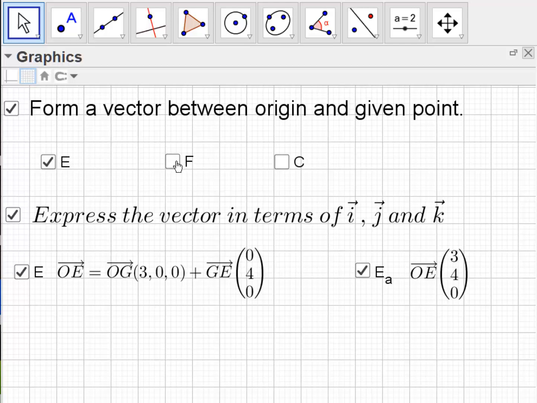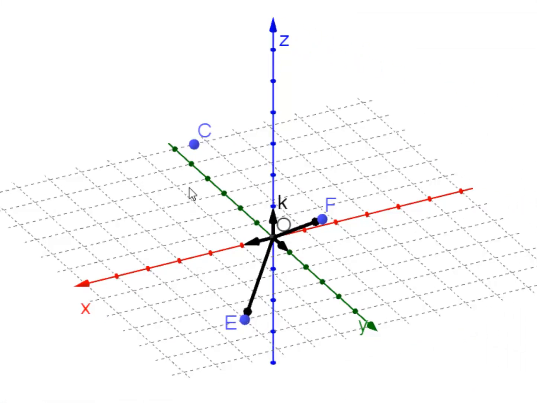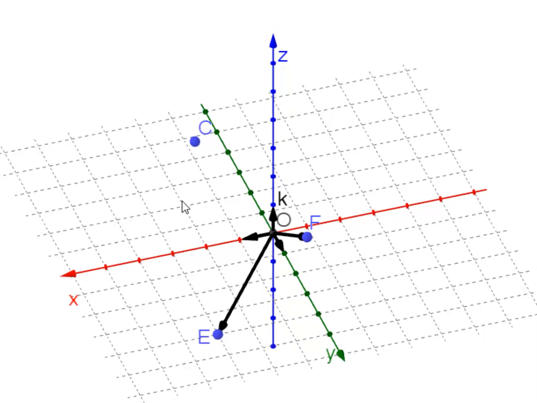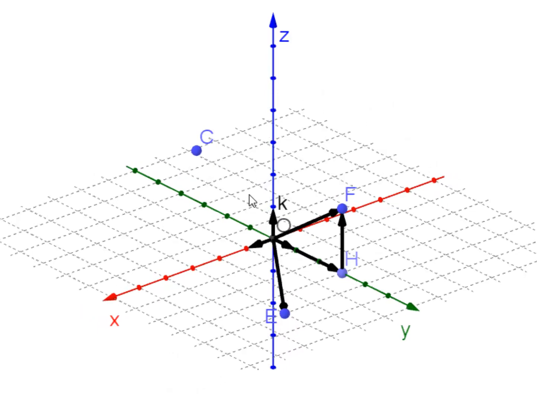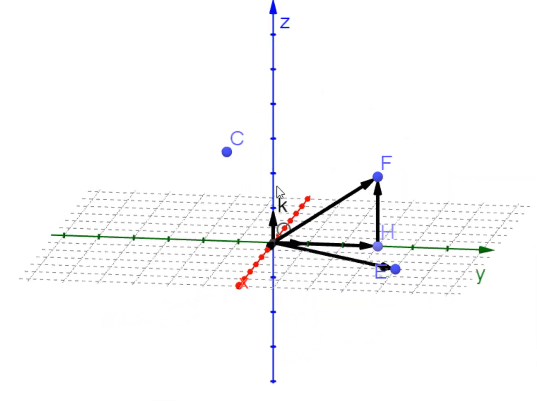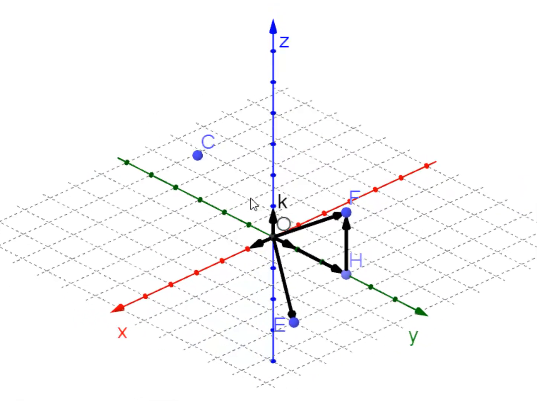Okay, let's find F, in case you didn't understand this. Again, we will start with finding the vector OF and expressing vector OF in terms of the directed vectors of the axes i, j, and k if possible. But here F is in the yz plane, so there is no need for the x component here.